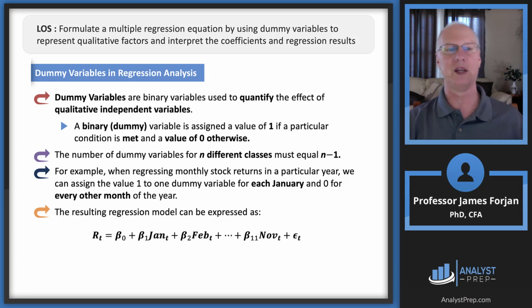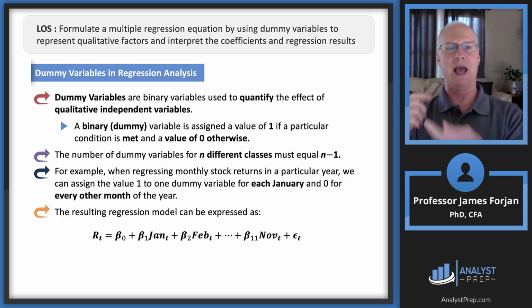And so suppose that you have 100 stocks in this mutual fund and 80 of them don't pay a dividend. So you would have 20 independent variables like 2% and 3%, like I said, and then 80 that are 0. And you have to scratch your head and say, well, there's no way that that's going to work. And that's why econometricians came up with this idea of a dummy variable.